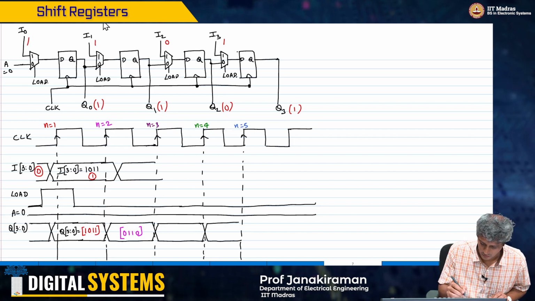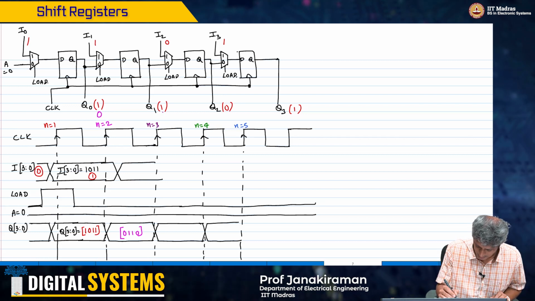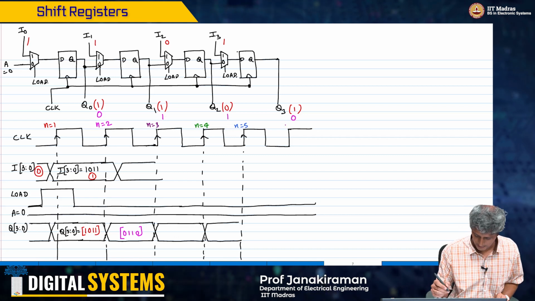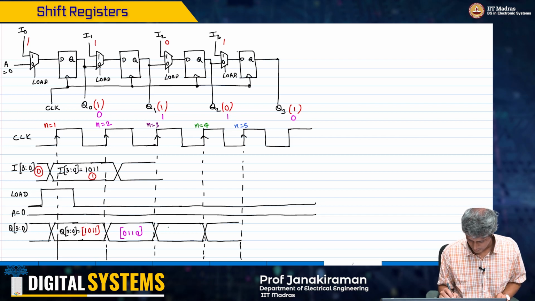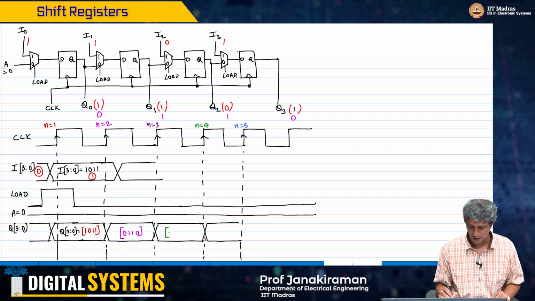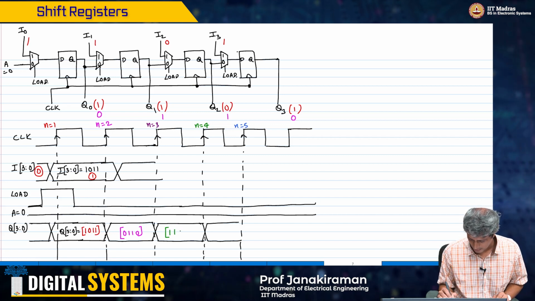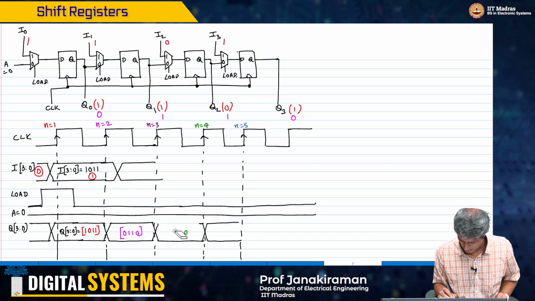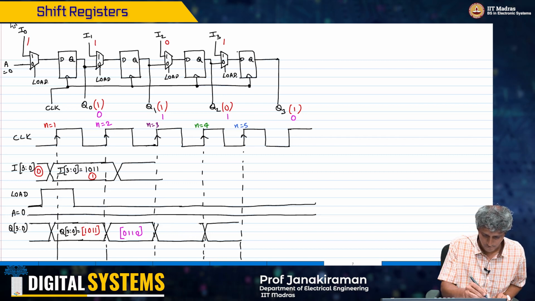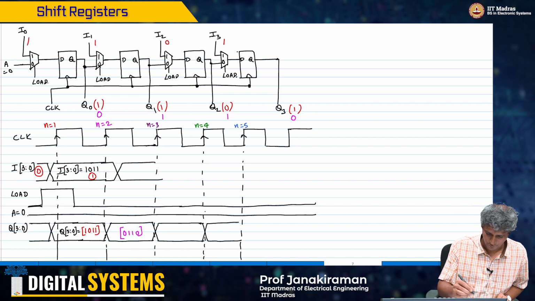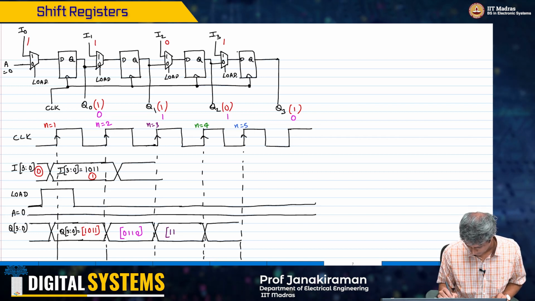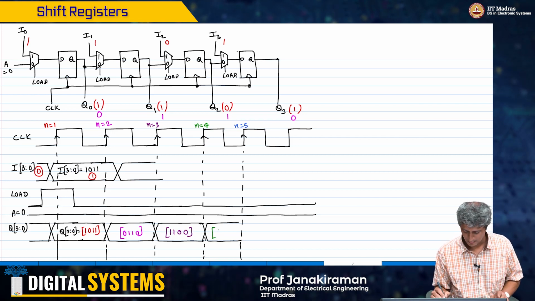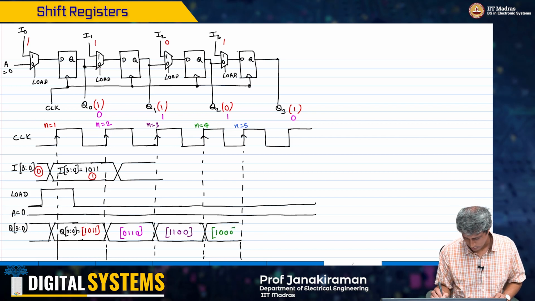This should be 0 1 1 0, and n equal to 3 is in green. It is going to become 1 1 0 0. And not green again, sorry. In purple, 1 1 0 0. Then in green, it will become 1 0 0 0.